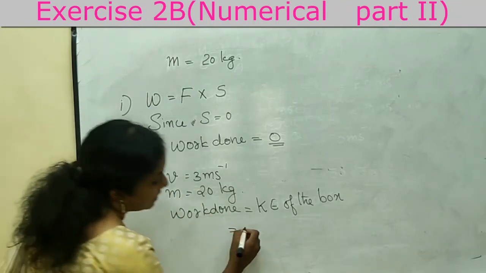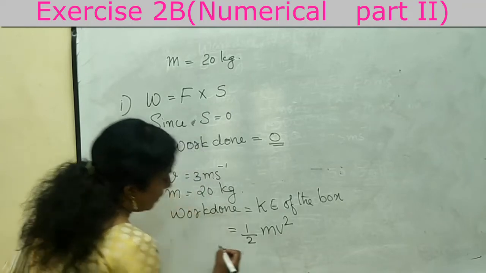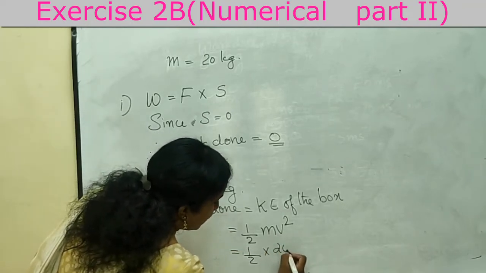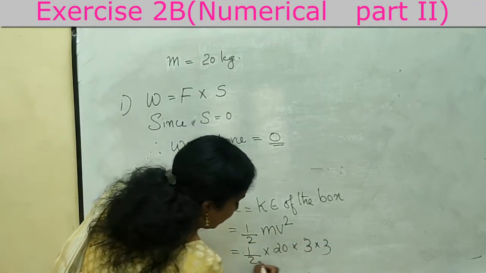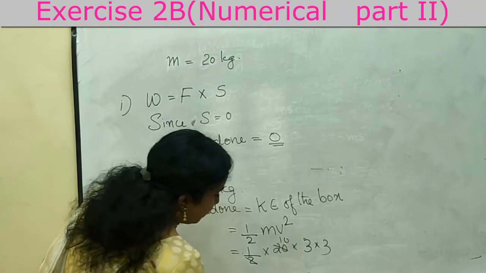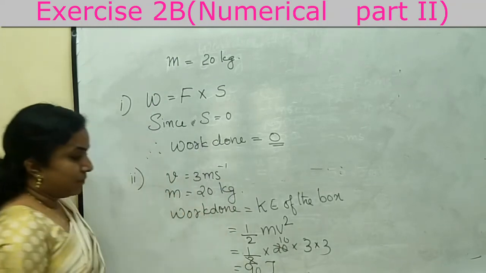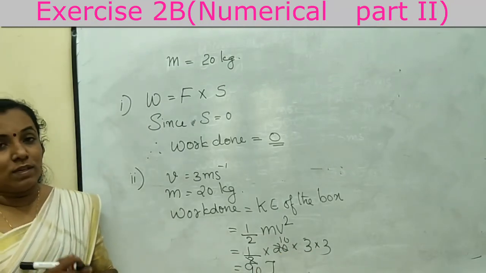What is kinetic energy? It is half mv square. Therefore, it is 1 by 2 into 20 into v square. It is 3 into 3, so it is 10. So, 90 joule work is done. 3 3s are 9, 9 into 10, 90. 90 joule work is done.